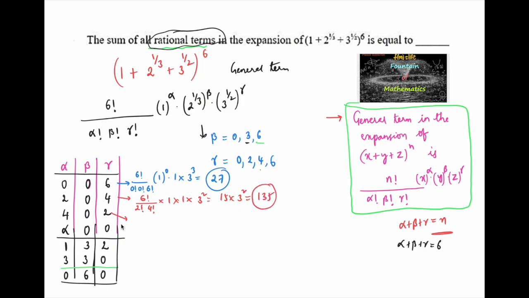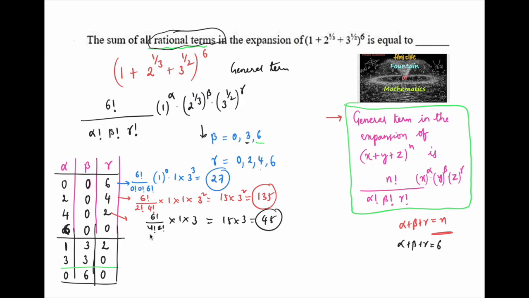Similarly the next term is 6! / (4! 2!), again 1, and γ is 2, so we can write 3. Again this is 15 into 3, which is 45.